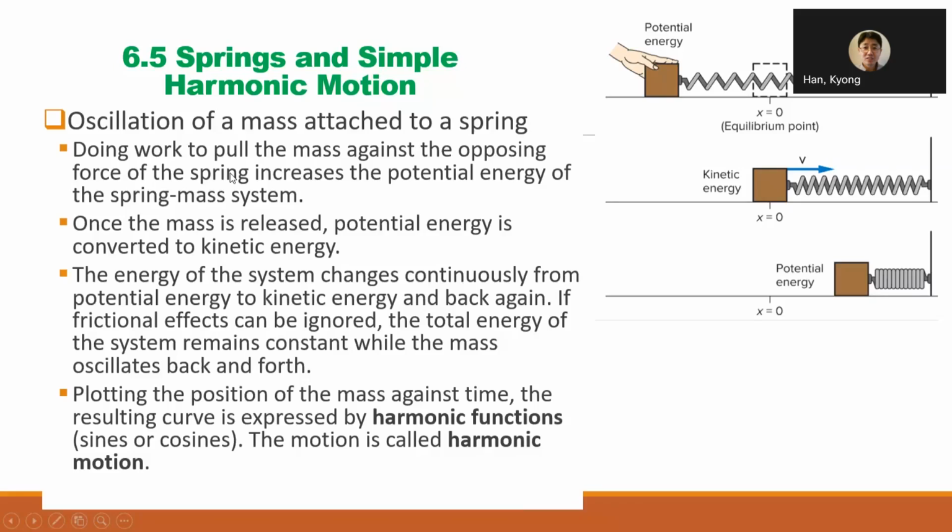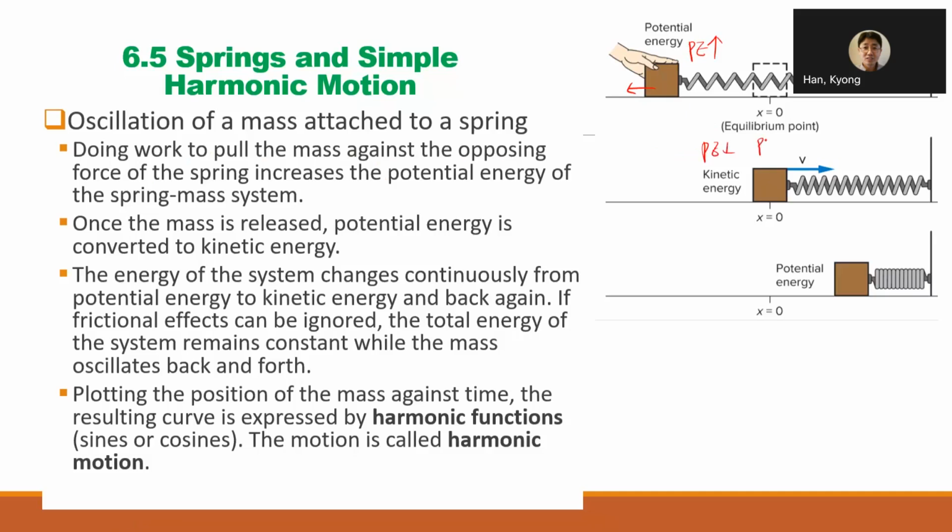The last section is springs and simple harmonic motion. Oscillation of a mass attached to a spring: doing work to pull the mass against the opposing force of the spring increases the potential energy of the spring-mass system. If you are pulling, in this case potential energy increases. But if you release, then the potential energy is decreasing.